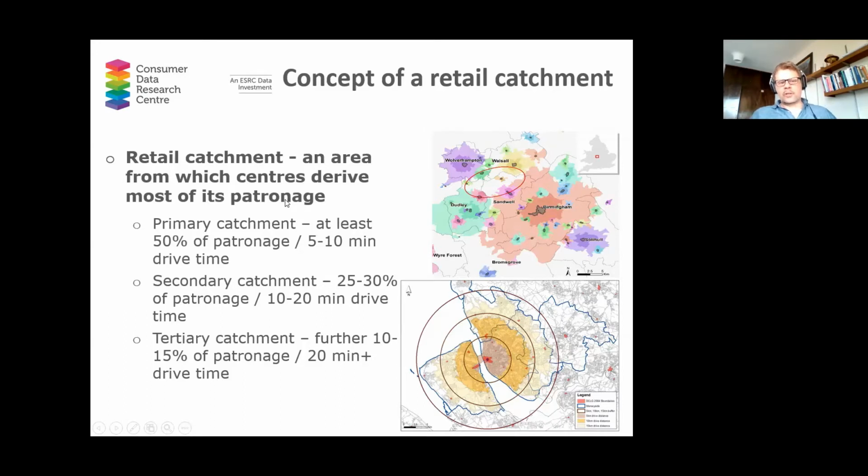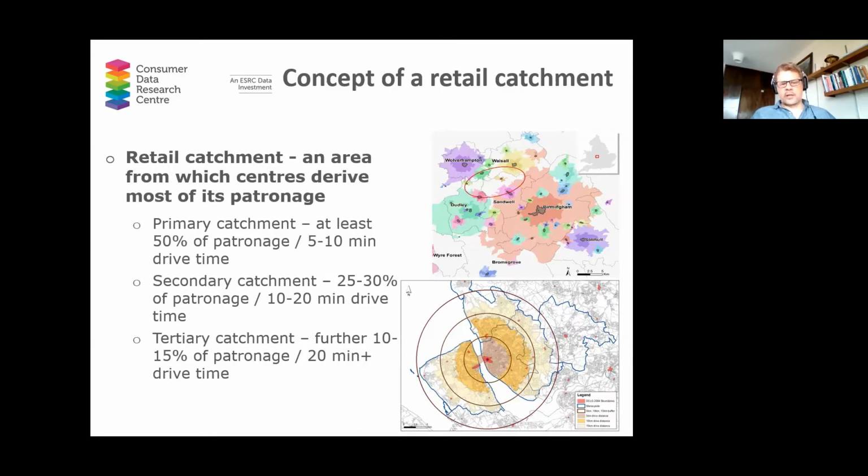Typically, there are no strict definitions of those, but by primary catchment, we understand those areas where most of the patronage is drawn from, so most of the consumers are coming from. At least 50% and over, in other words. Or if you look at simple drive times, that would be your near-store catchment, which is 5 to maximum 10 minutes drive time from your location, from your house.